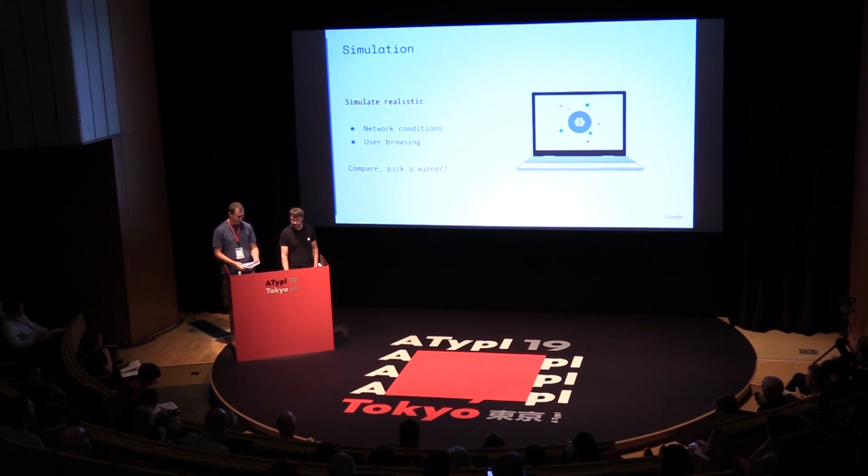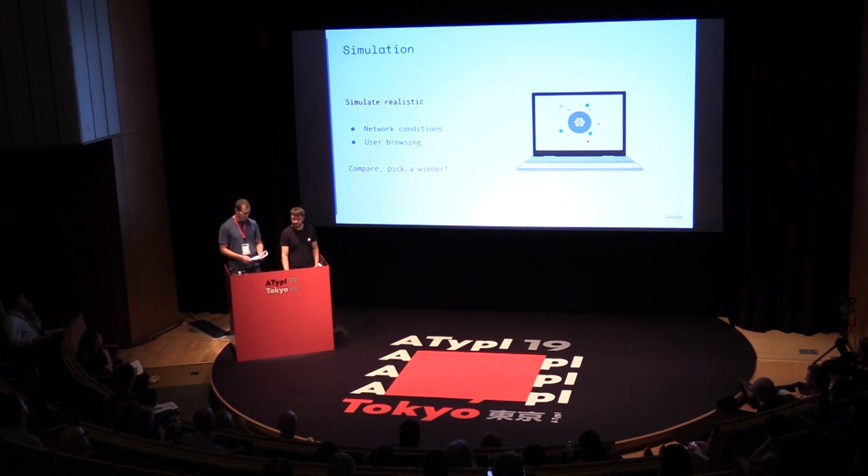So our plan to deal with that is to try and simulate. So we're going to try and simulate realistic user browsing under realistic network conditions and see which proposal does best. So we have data about the latency and transfer rates typical of real-world networks. We need a data set that describes realistic user browsing. So we need something that describes kind of how the user goes through a sequence of page loads and what code points are being rendered on each page so we can simulate actually loading.